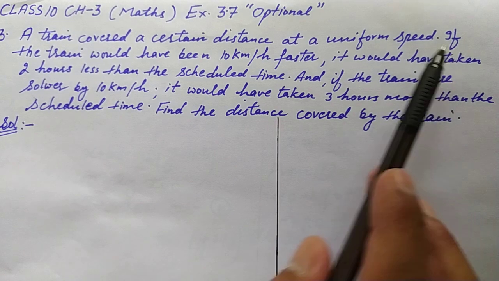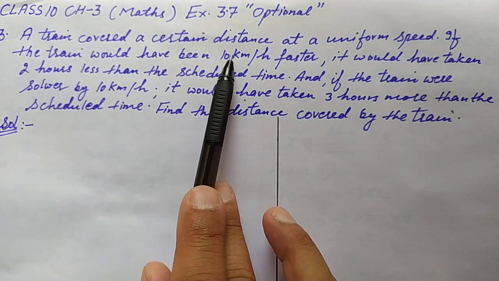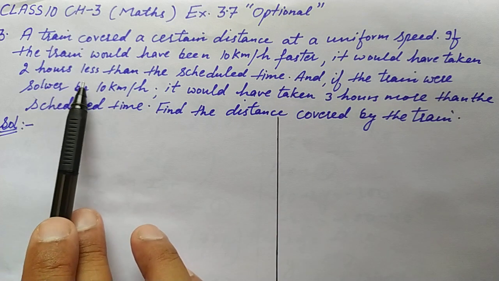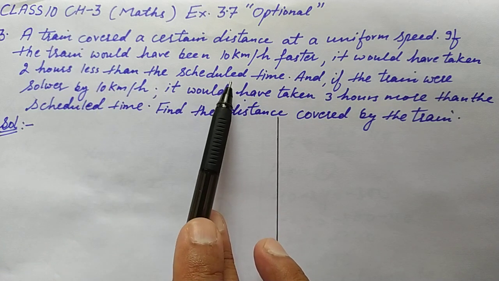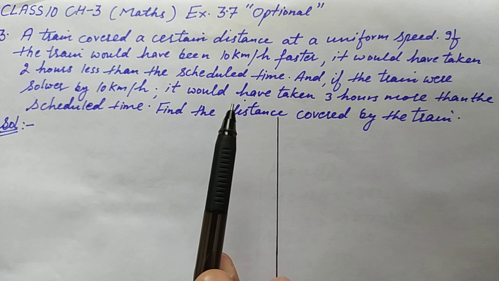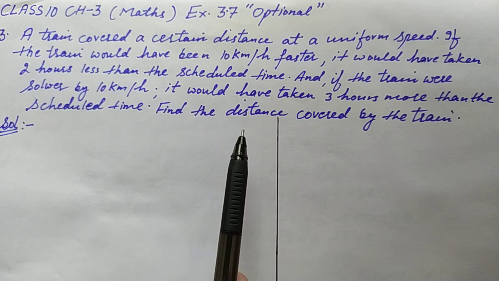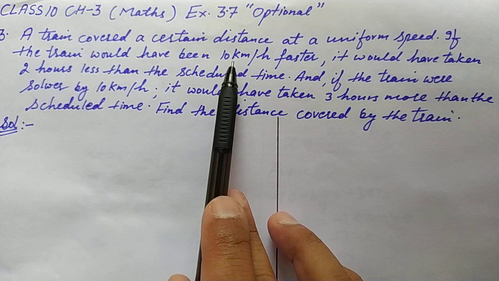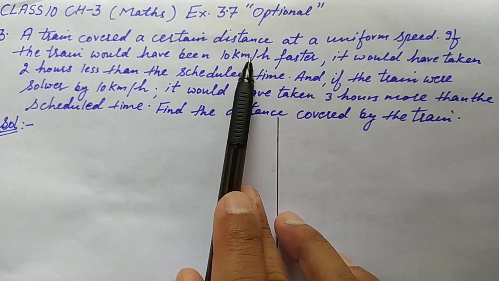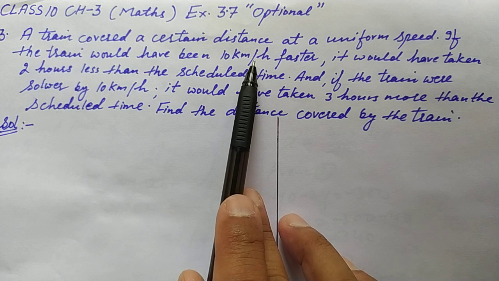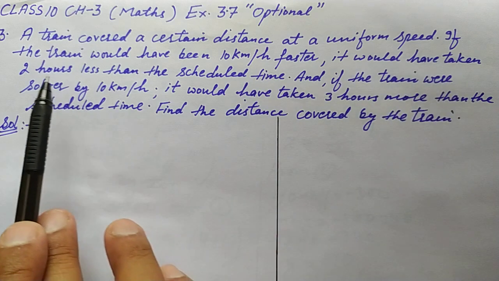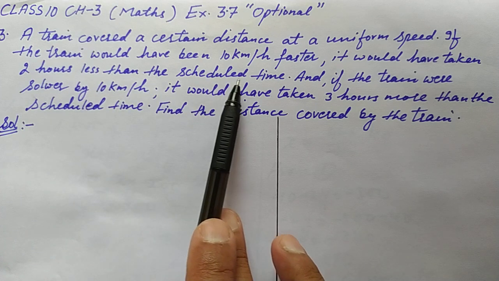So next is, if the train would have been 10 km per hour faster, it would have taken 2 hours less than the scheduled time. Suppose the actual speed of the train is x. So if the train's speed is increased by 10 km per hour, the new speed will be x plus 10 km per hour, then it would have taken 2 hours less than the scheduled time.